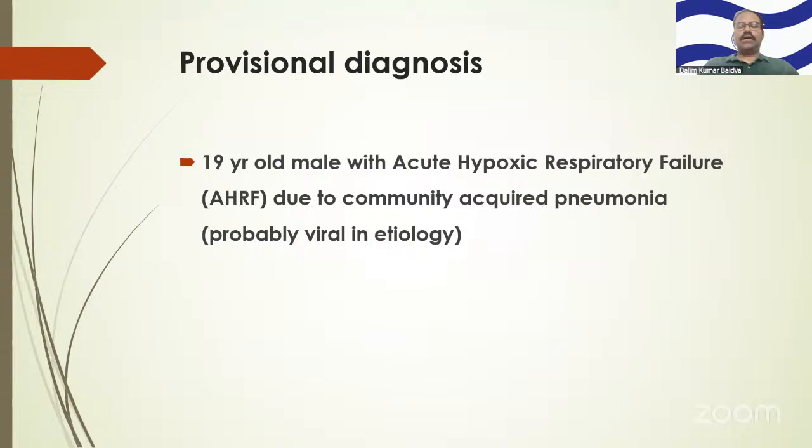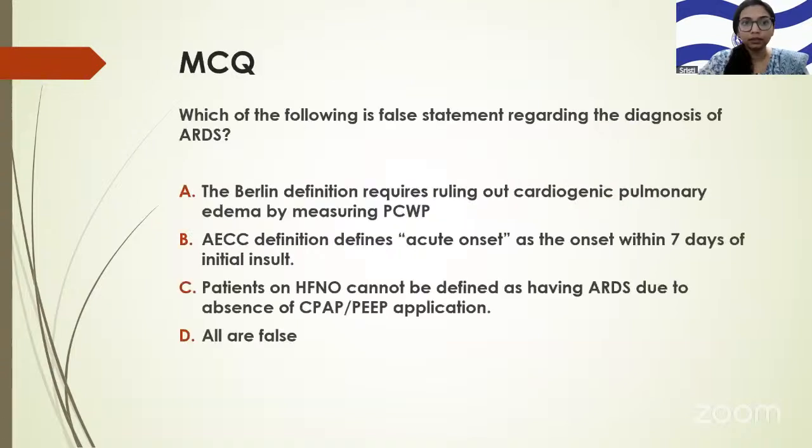So I think we can start with an MCQ if you move ahead. Yes, sir. So this is an MCQ for the audience. You can write the answers in the chat box now. Shrishti, can you just read out the MCQ? Yes, sir. Which of the following is a false statement regarding the diagnosis of ARDS?